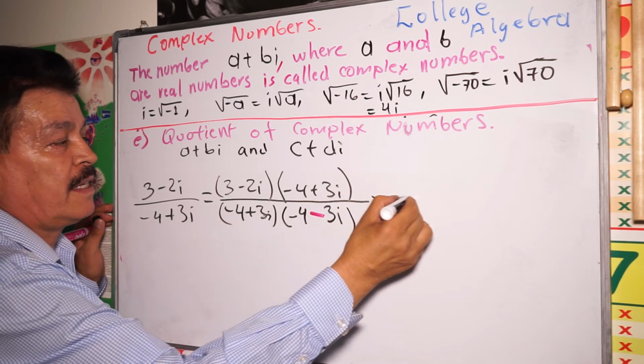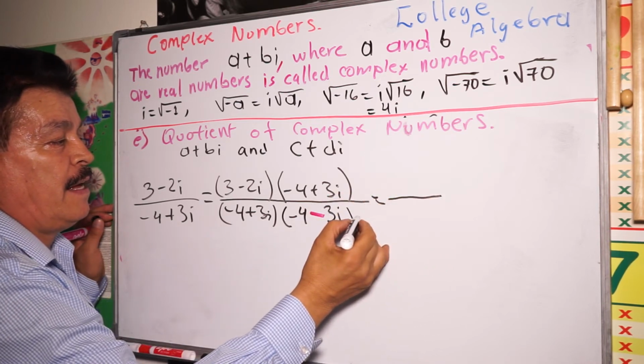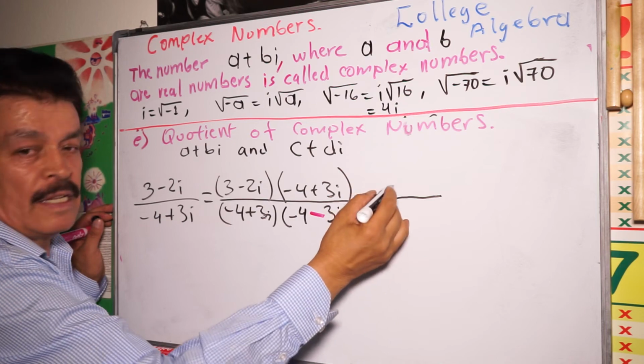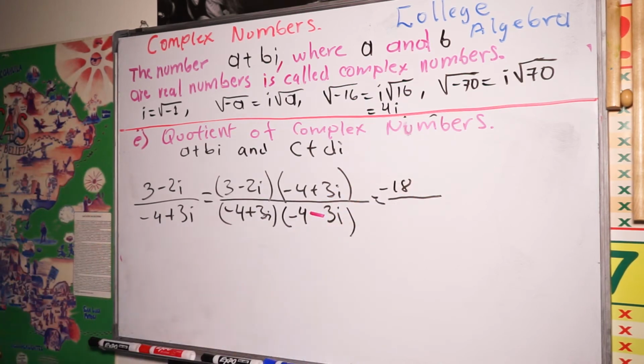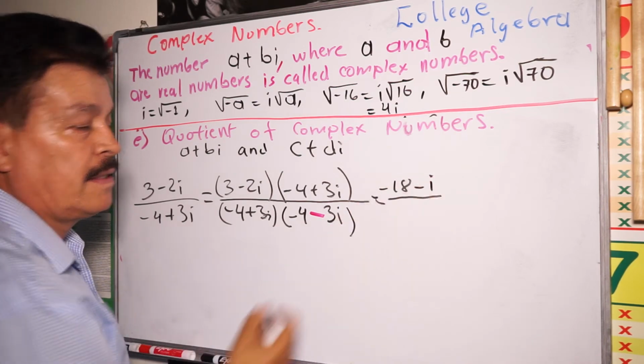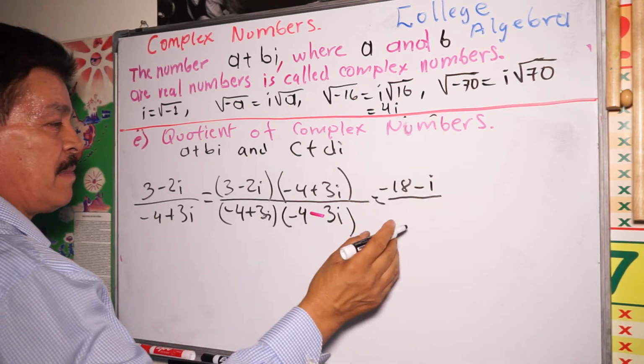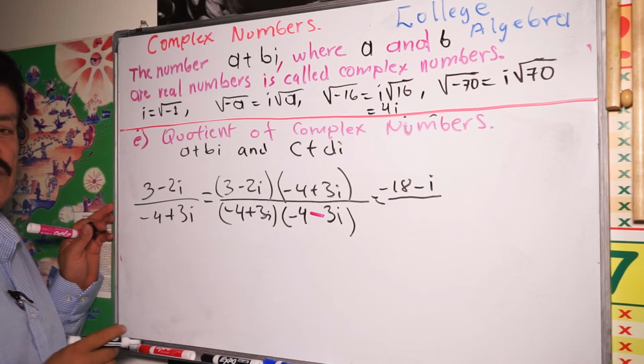You're going to have minus 18 minus i, divided by 25.